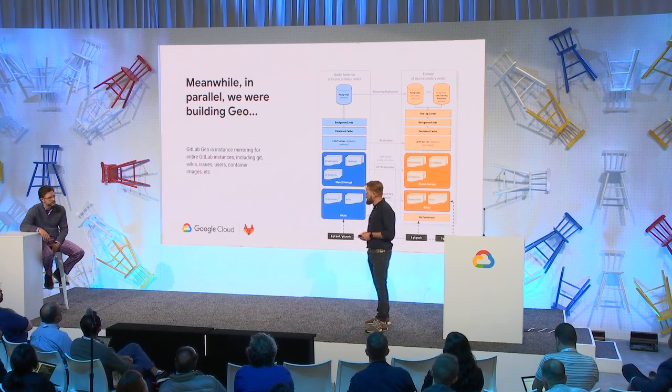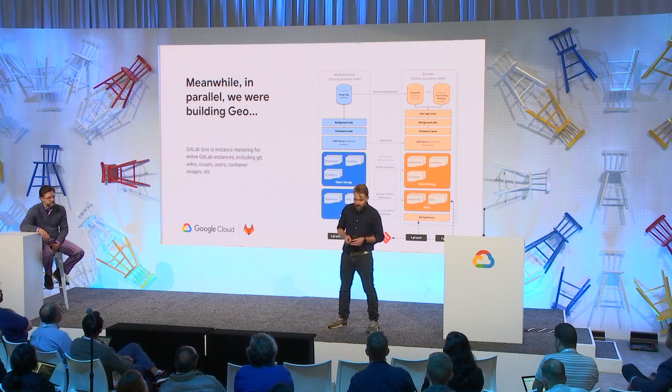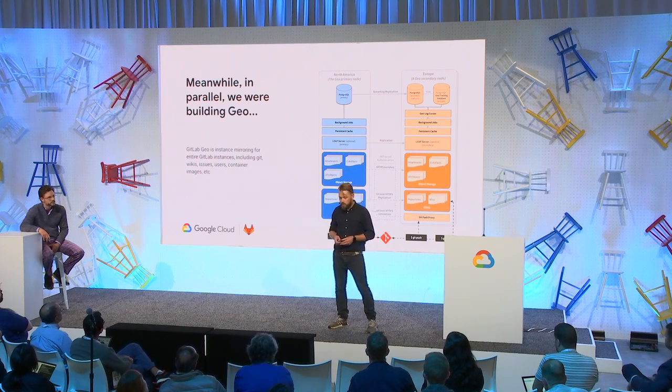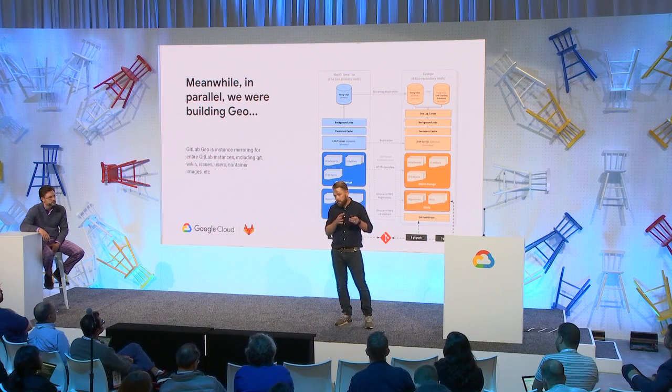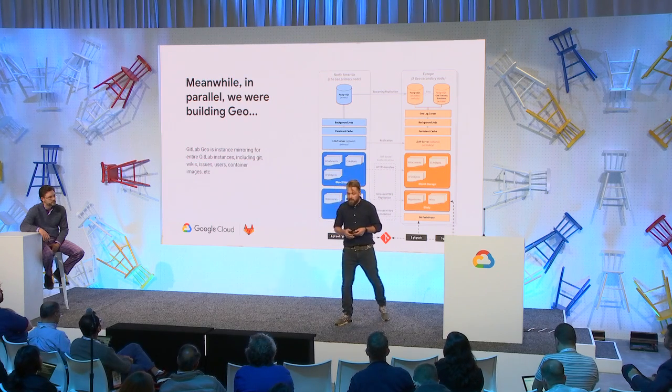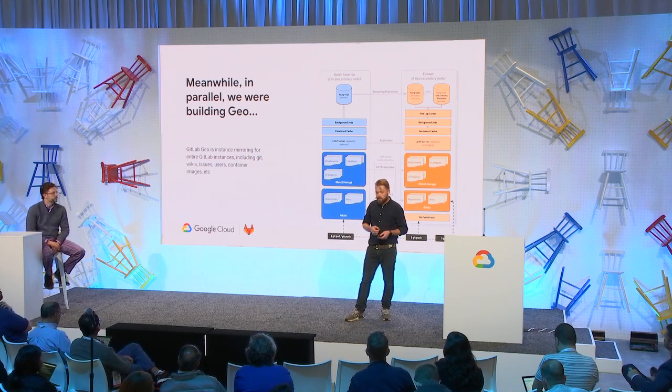So around about the same time, we were working on another feature at GitLab, and that's called Geo. What Geo allowed us to do is develop a feature for our enterprise customers so that they could replicate a GitLab instance from one site to another. And this is really useful because you can use it for faster access at the second site.